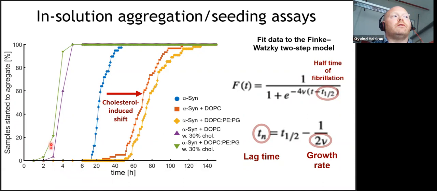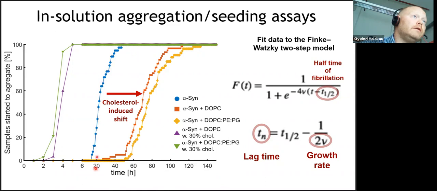So we don't plot individual wells, we just ask for each well, has it started? Does it report ThT above a cutoff, or doesn't it? And then we got, we believe, very nice curves that allowed us to circumvent some of the difficult and random aspects of these kinds of assays.